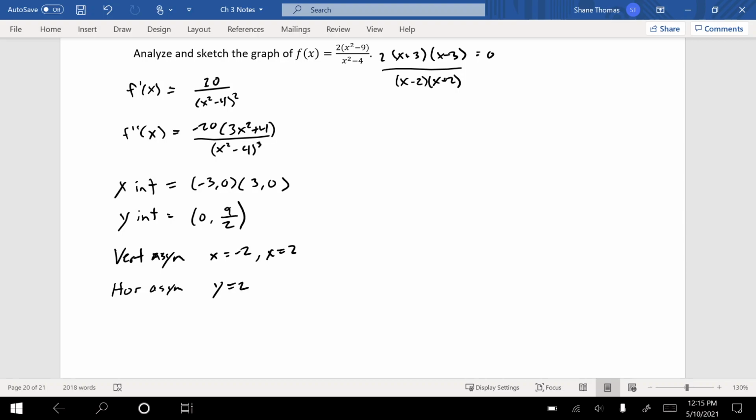Okay? So now we have to look at our critical points, our critical numbers. Remember when we found critical numbers? What to do is by looking at the derivatives, set them equal to 0. Okay, we're going to have a critical point at x equals 0.